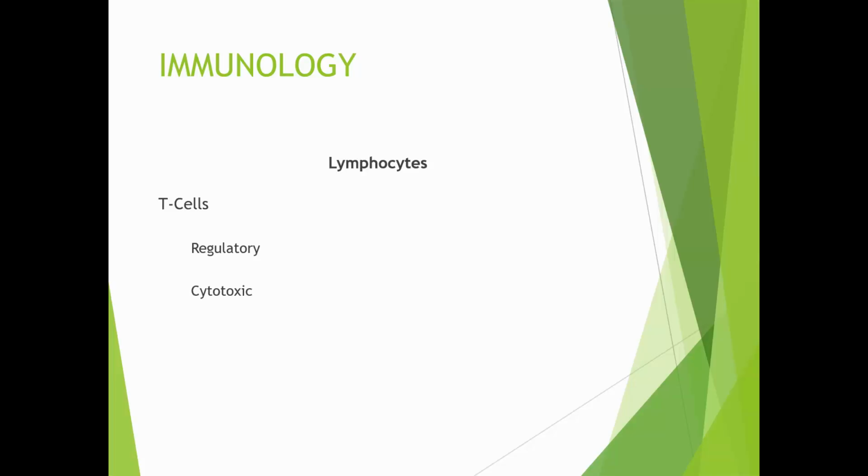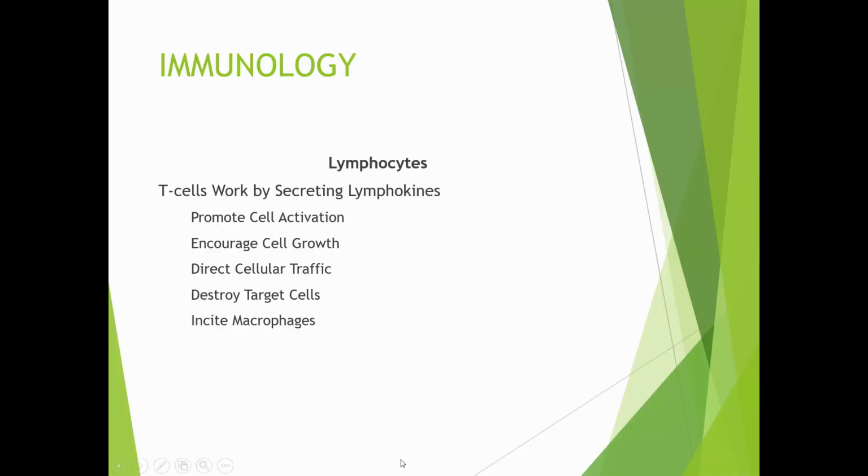And there's a specific type of T cell known as a cytotoxic T cell that directly attacks cells that are infected or malignant. These cells are responsible for the rejection of transplanted tissue. Now, T cells work by secreting lymphokines, and they promote cell activation, encourage cell growth, direct cellular traffic, destroy target cells, and incite macrophages.